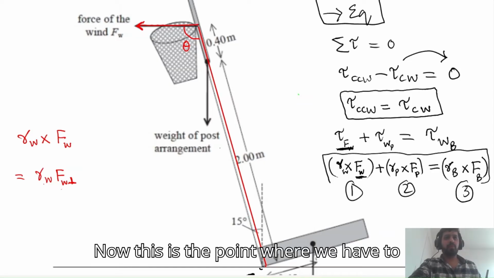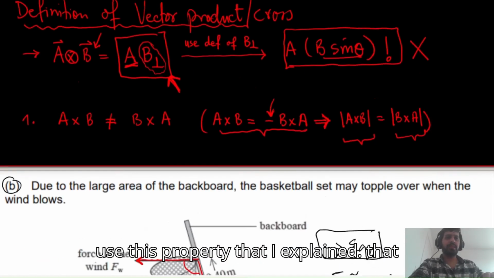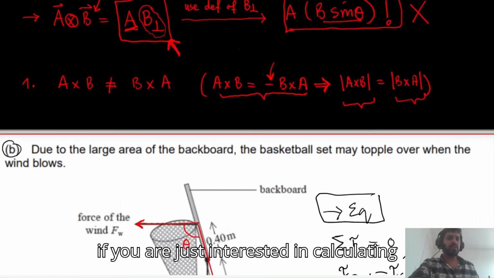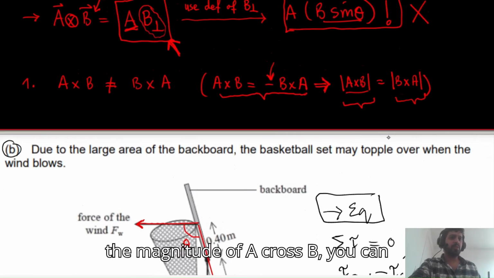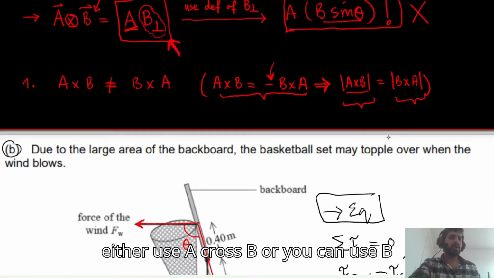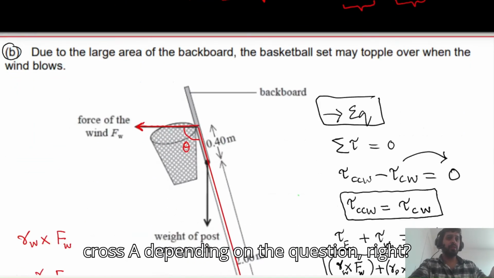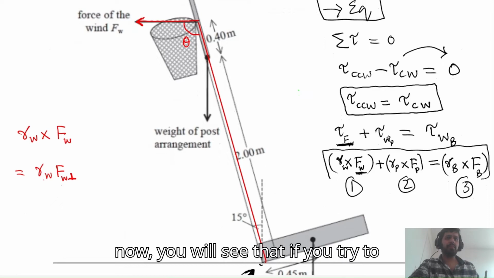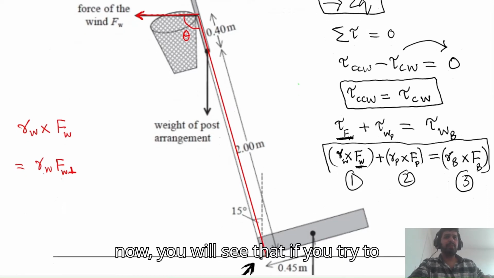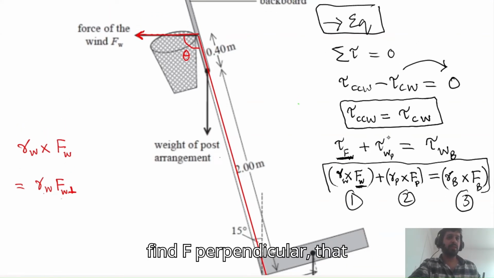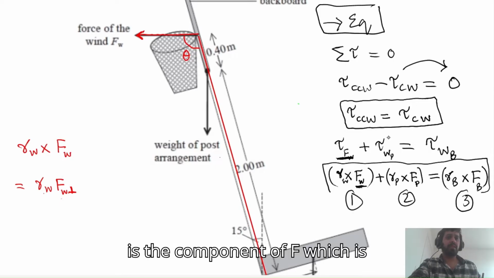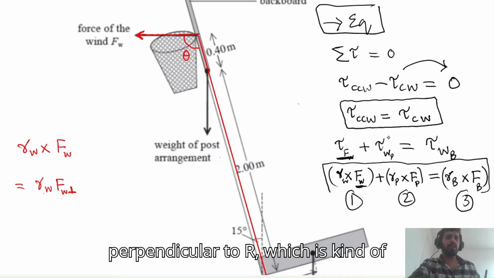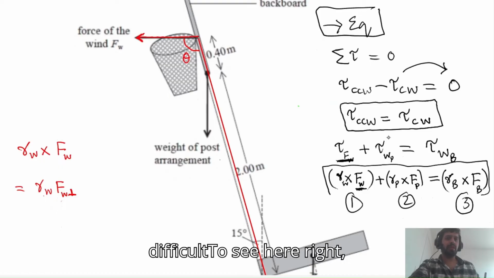Now, this is the point where we have to use this property that I explained, that if you are just interested in calculating the magnitude of A cross B, you can either use A cross B or you can use B cross A, depending on the question, right? So if you look at this question right now, you will see that if you try to find F perpendicular, that is the component of F which is perpendicular to R, which is kind of difficult to see here, right?